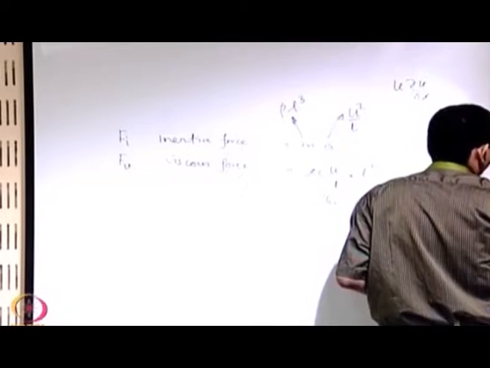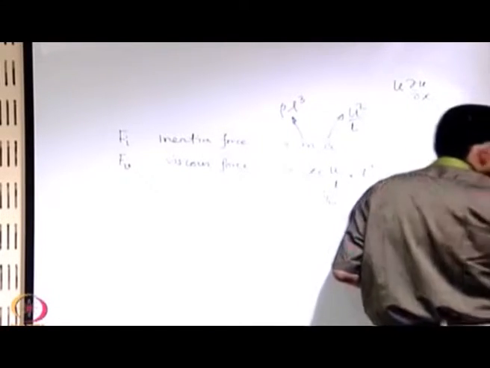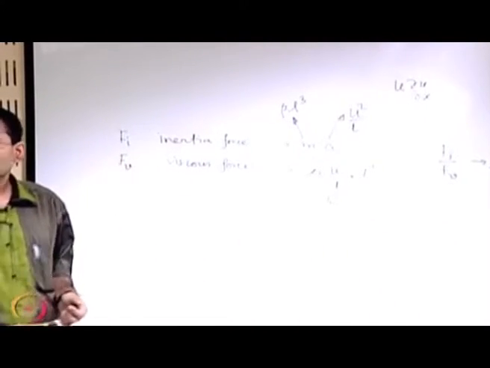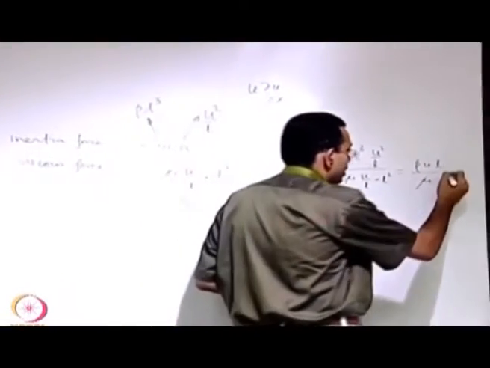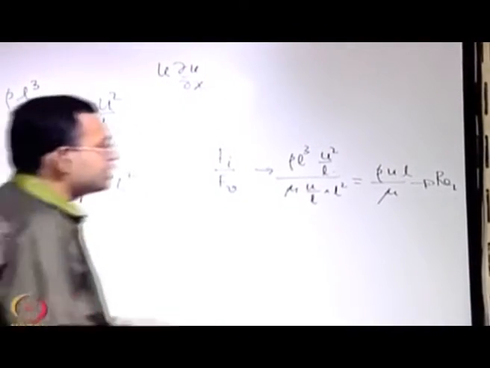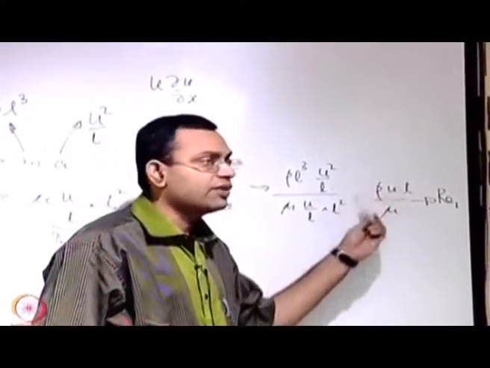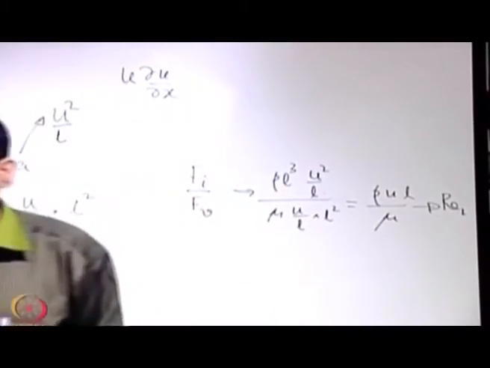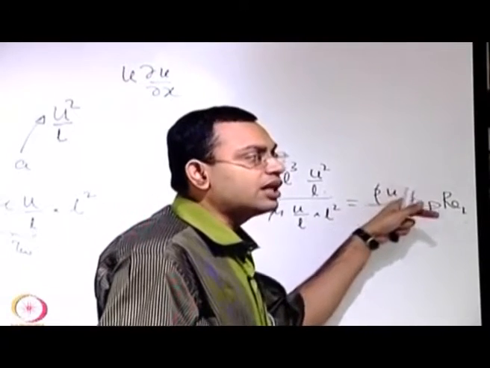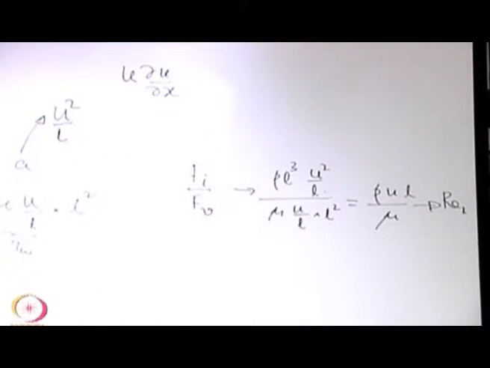So rho u L by mu, which is known as the Reynolds number based on the length scale L. Of course when you are considering the flow through a tube, then the length scale L is the diameter of the tube and u is the average velocity, because u is varying over the cross section. So depending on the situation, you must have a fair idea of what velocity you put and what length you put for having an estimate of the Reynolds number of flow.